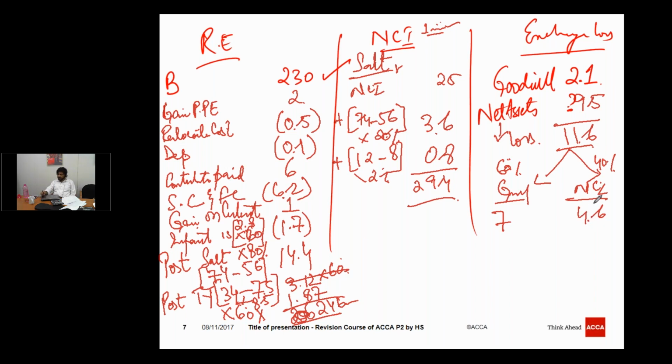So this value should be used for the calculation of NCI in Teisler. For Teisler, the NCI at acquisition is 220, the value of the NCI in dinars. So we have to divide this by 8 and the value will be 27.5.